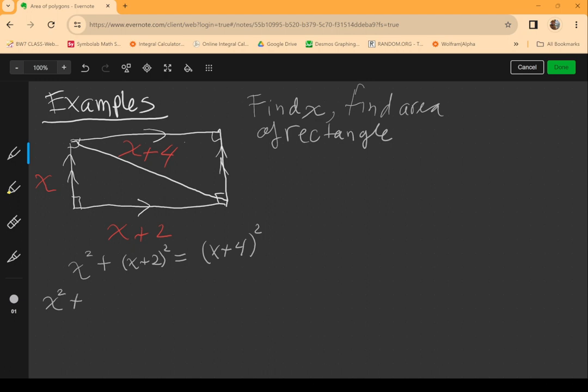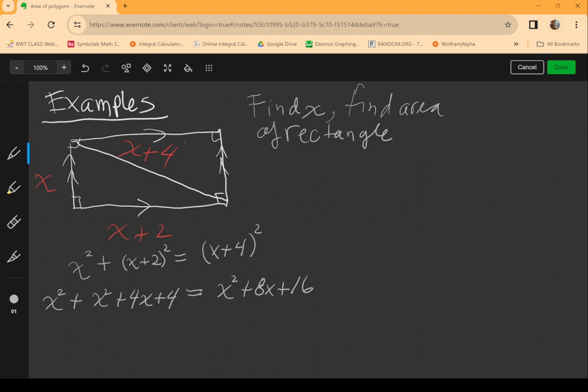So this is not simply x squared plus 4. This is x squared plus 4x plus 4. Don't forget those middle terms as you expand x plus 2 times x plus 2. And the same thing here on the right side, we'll get x squared plus 8x plus 16.